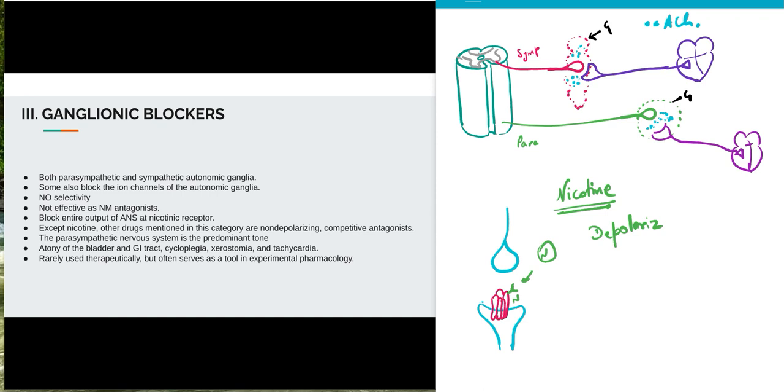Now remember, if this depolarization continues, then in the previous general pharmacology chapter we learned something, that there is a process called desensitization. Do you remember? Yes, sir. So you are always opening this ion channel.